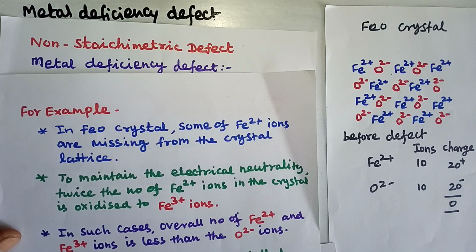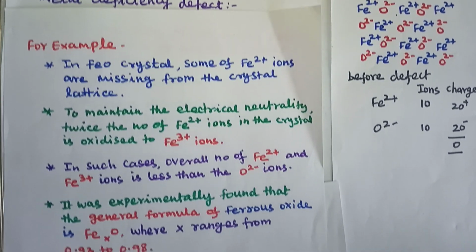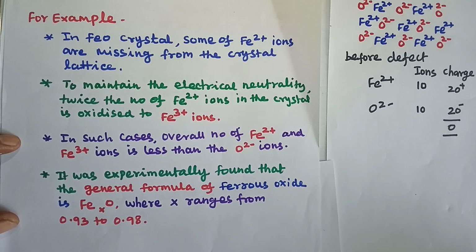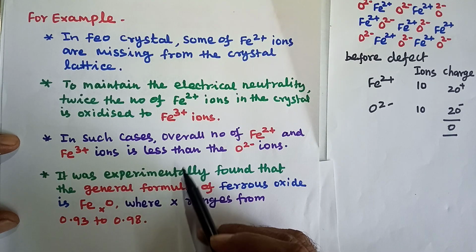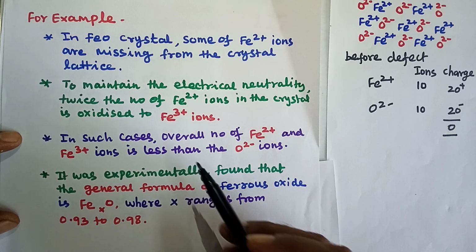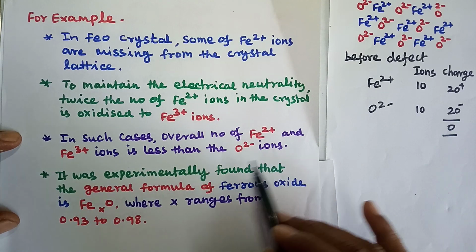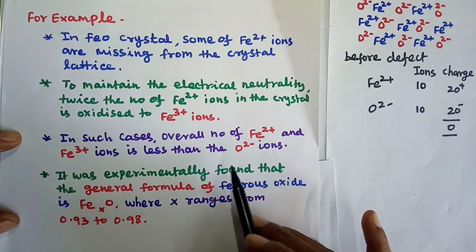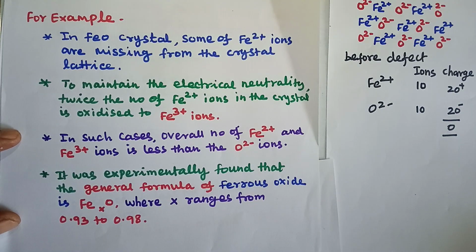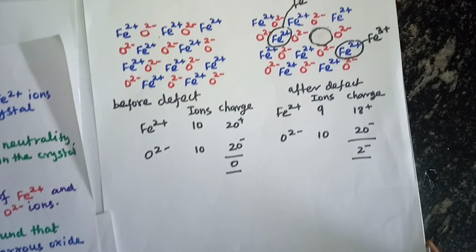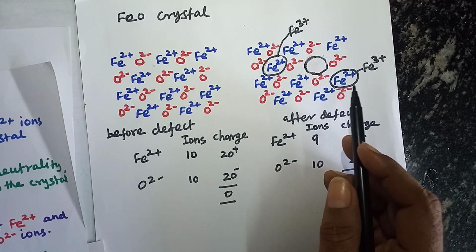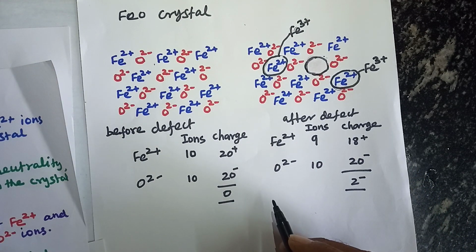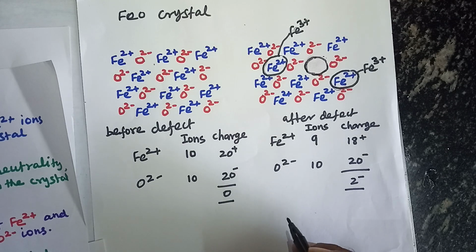To maintain electrical neutrality, twice that number of Fe2+ ions in the crystal are oxidized to Fe3+ ions. In such cases, the overall number of Fe2+ and Fe3+ ions is less than the O2- ions.